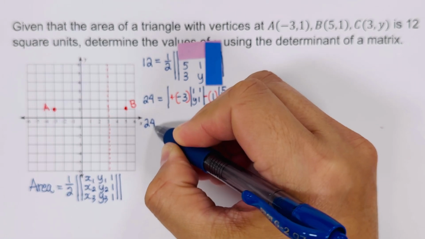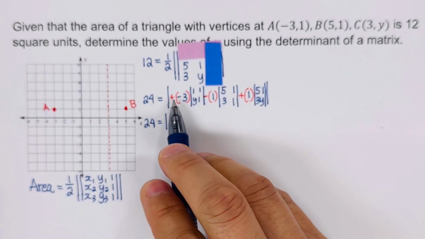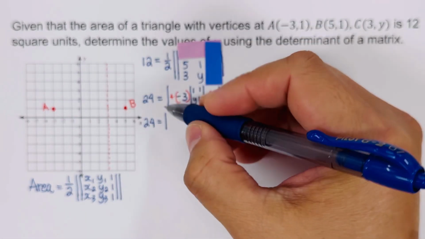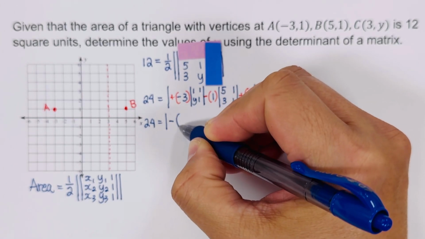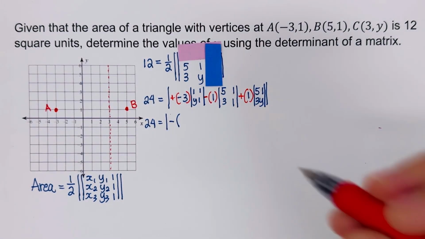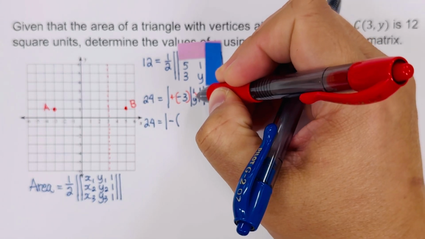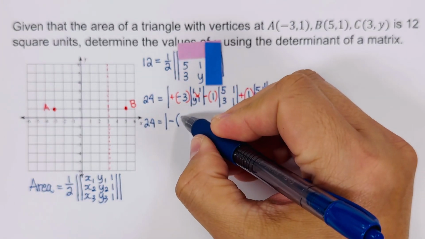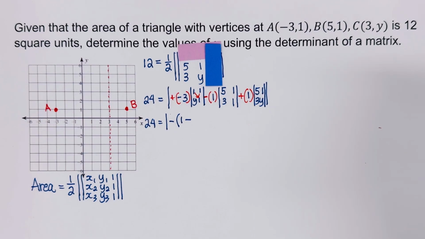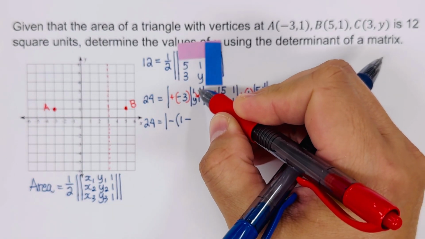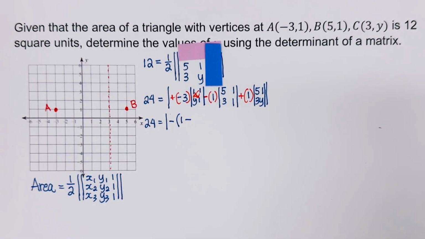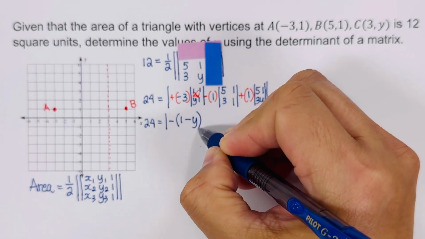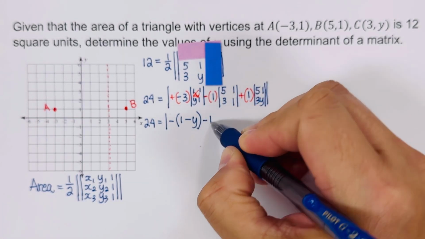We got 24 equals the absolute value of negative times positive is a negative. And then we are going to multiply the diagonal for this. 1 times 1 is 1 minus. And then we will multiply the anti-diagonal. That is 1 times y is y. And then we have a minus 1.